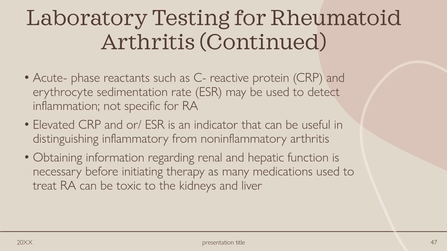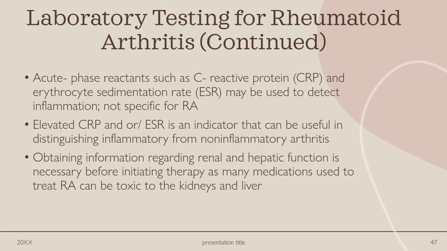An elevated CRP and/or ESR is an indicator that can be helpful in distinguishing inflammatory from non-inflammatory arthritis. So what this means, ladies and gentlemen, is that if my patient has an elevated CRP and an elevated ESR, it is a very good indicator that they probably have rheumatoid arthritis as opposed to non-inflammatory arthritis.